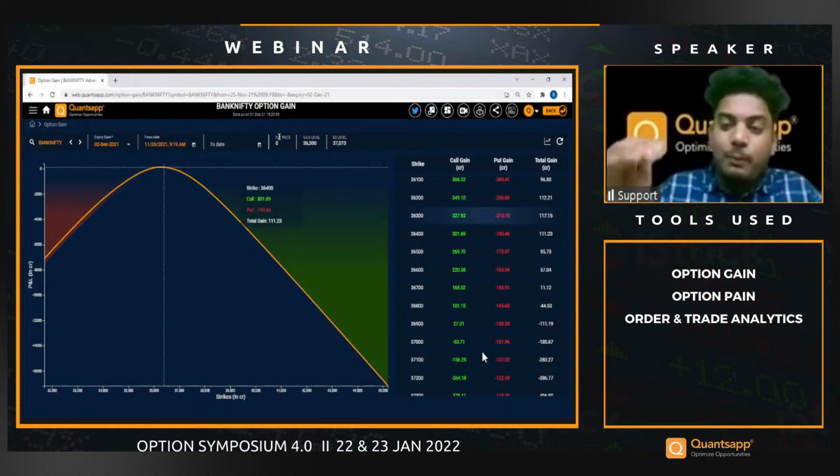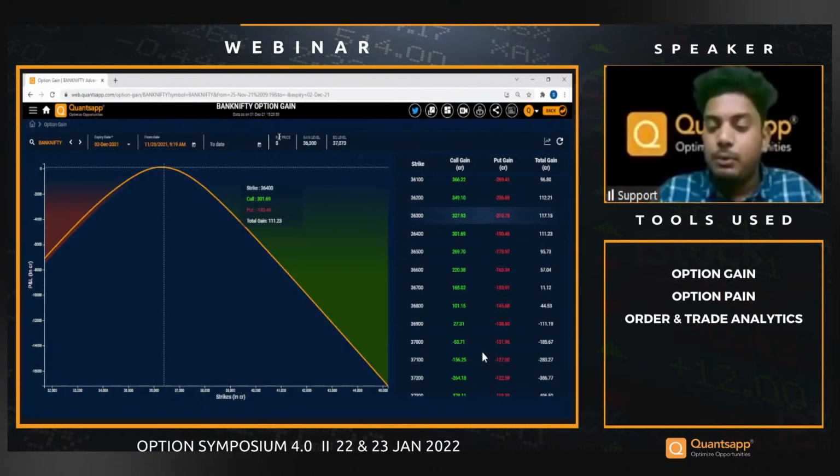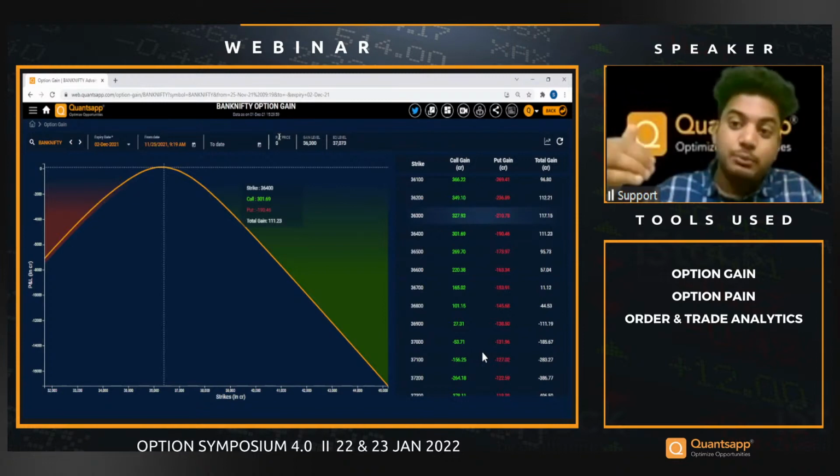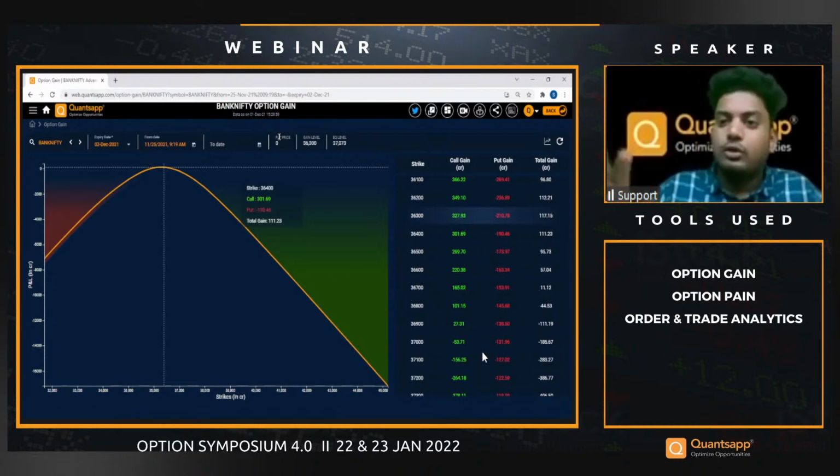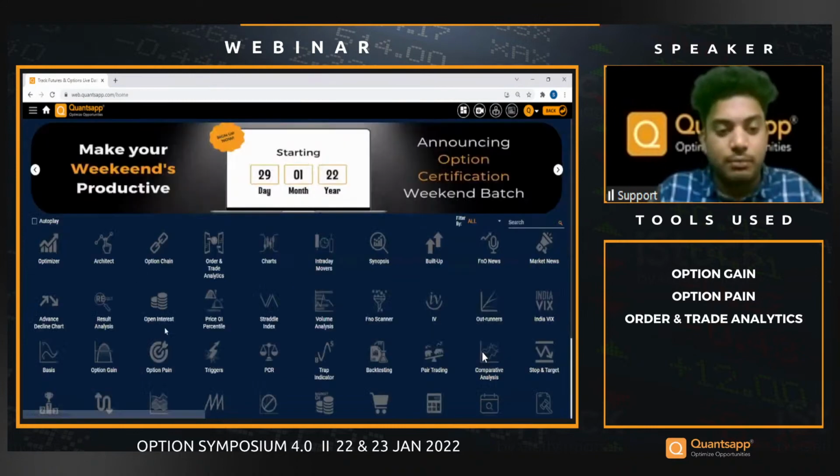As I said, if the market moves higher and the gain level moves higher, that is an indication of a bullish shift. If the gain level moves down and the markets are also going down, again a negative. If Bank Nifty is moving anywhere but the gain level does not move at all, it indicates that the participants are expecting the expiry in the vicinity. So this is how we can gauge the expiries much better.